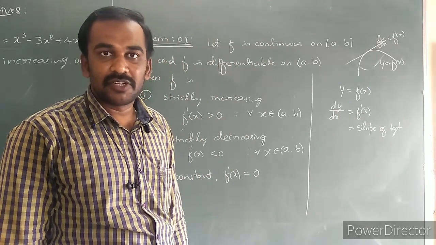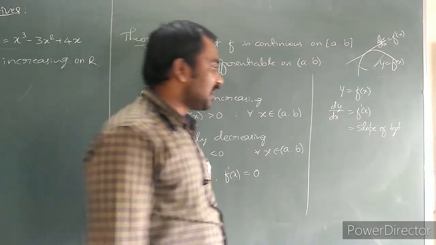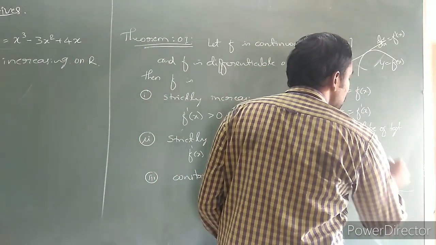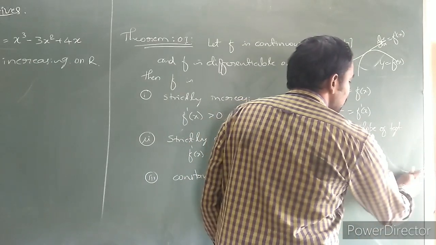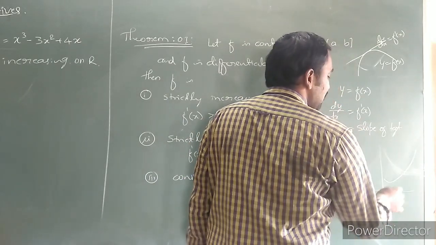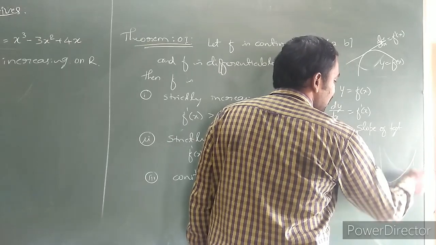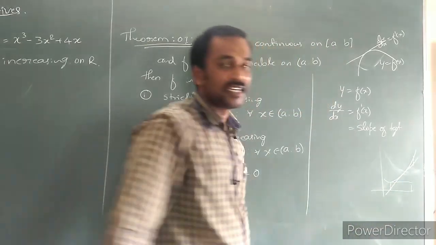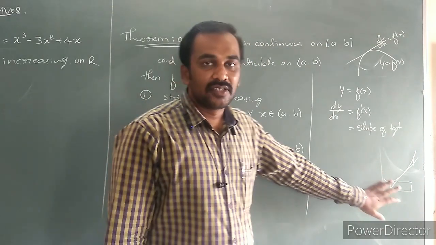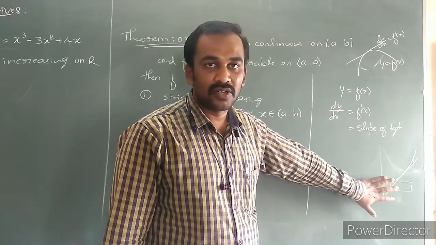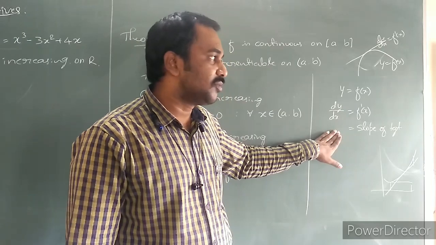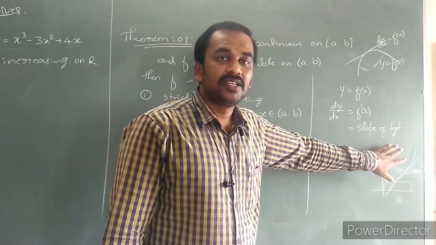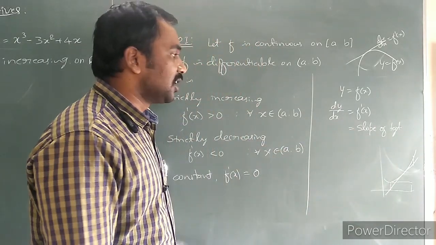We also did the geometrical interpretation, taking the curve in this manner, taking the tangent and shifting the point Q, giving the triangle dy by dx. You already know that, so I am not going to discuss it. Just remember: the first derivative of the function is the slope of the tangent to the curve.